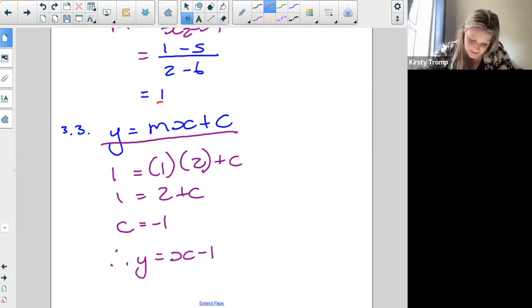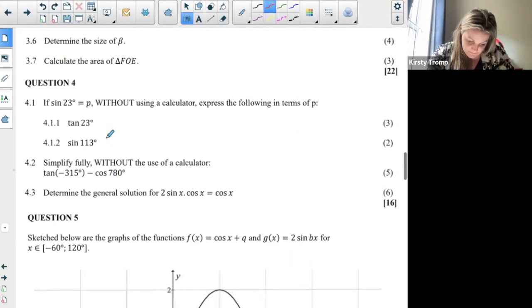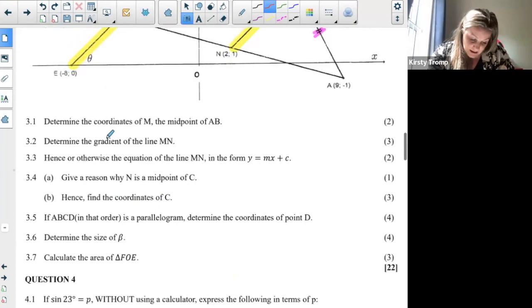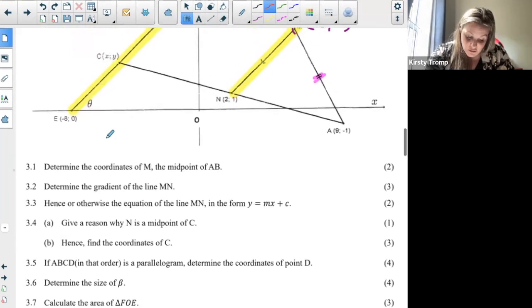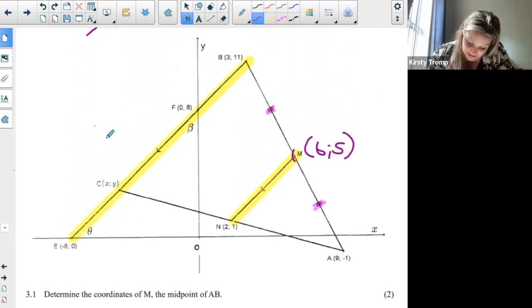All right, 3.4. Let's look at 3.4. It says, give a reason why N is the midpoint of AC. So they are telling you that N is the midpoint of AC. Guys, just now I started off by saying to you, look, I've got a triangle. Two of the lines are parallel.